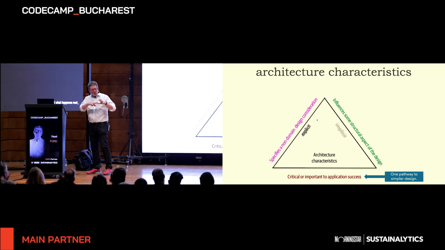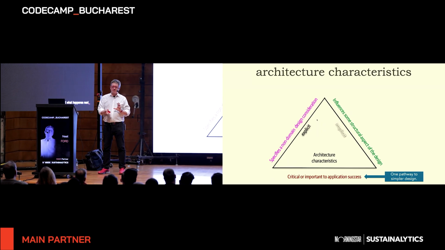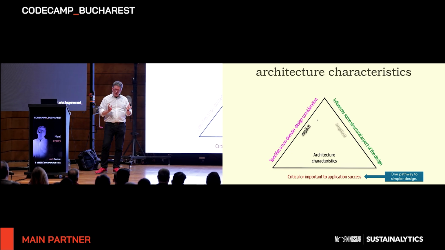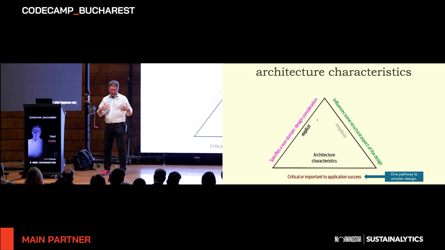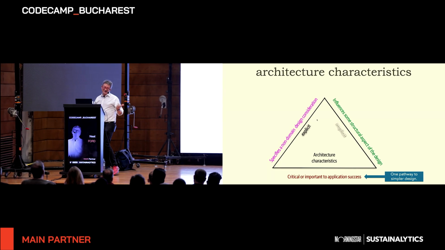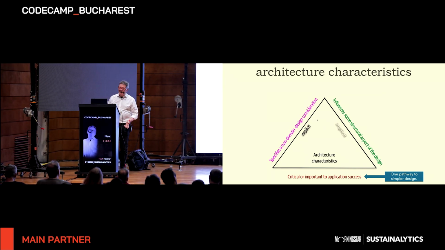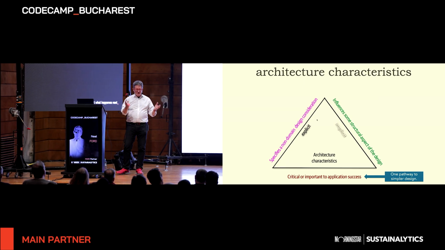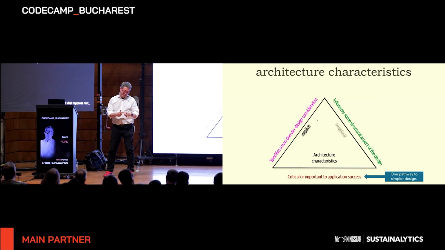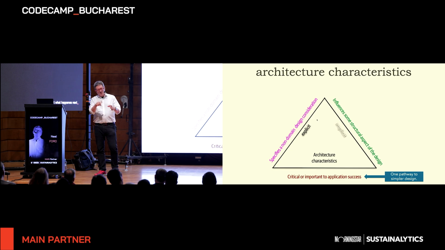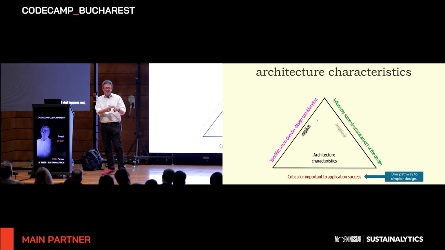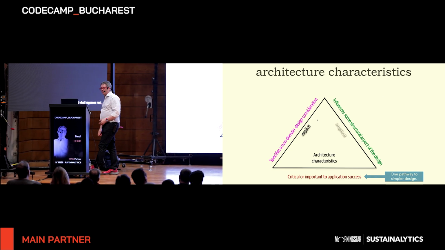But a lot of the internal quality characteristics in architecture also fall into this category, like modularity, because as an architect, if you design a system that barely limps its way to its release date and it can't be maintained and it's constantly failing and breaking, that's not successful, and so there's a certain level of internal design hygiene that also influences your decision process, but you're never going to get a story card that says, please don't screw up the modularity of the system as you build it. You just know that that's something that you should probably do.